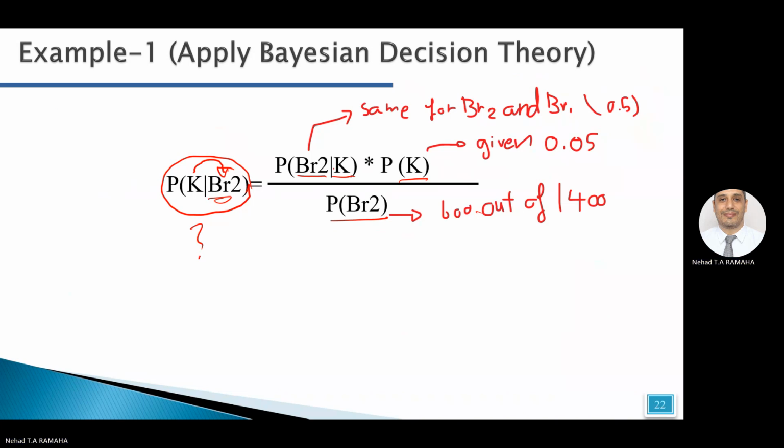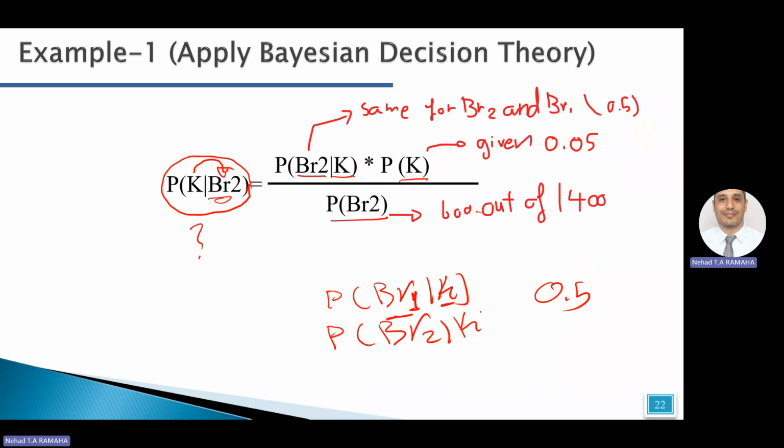Probability of 2 given K. Probability of the broken egg coming from 1, we read it like this. Probability of the broken egg coming from brand 1 is 0.5, because we said equal distribution means equal probability for broken from BR1 and BR2. And the probability of BR2 and broken is also 0.5.